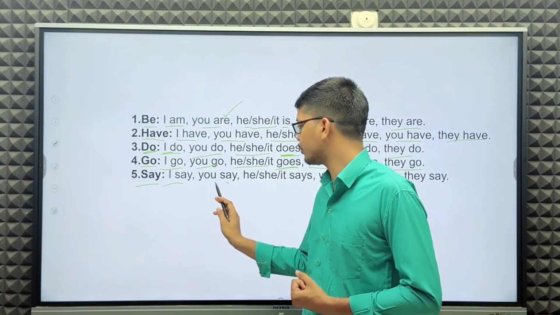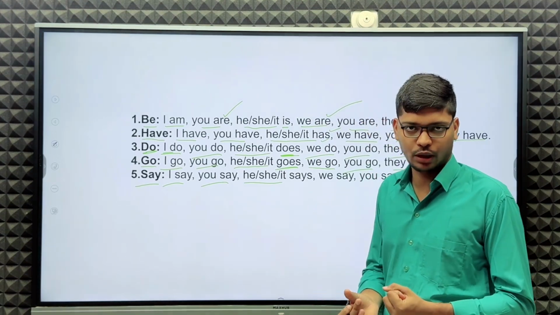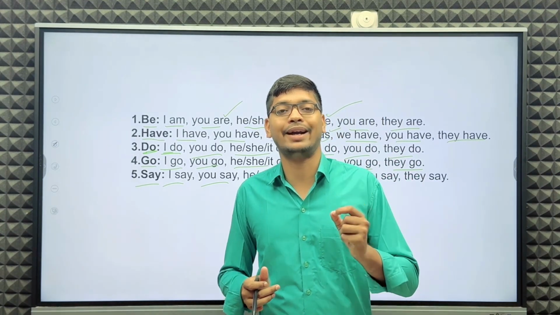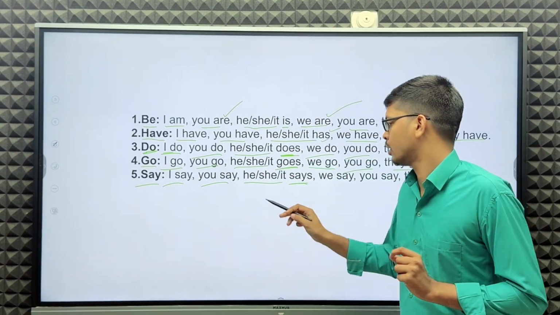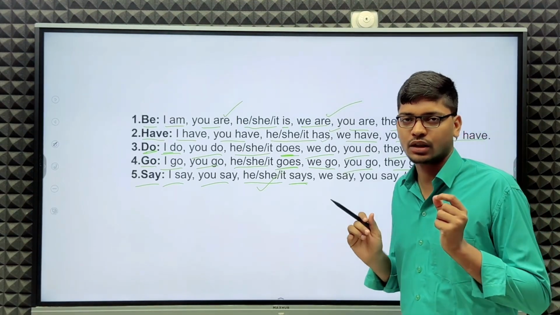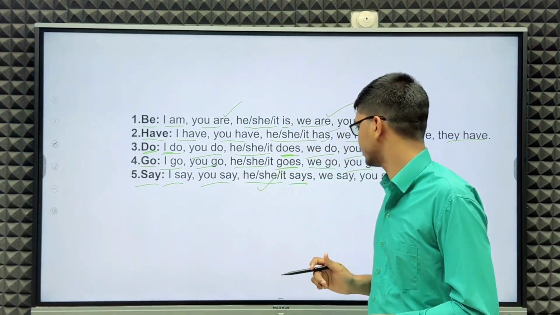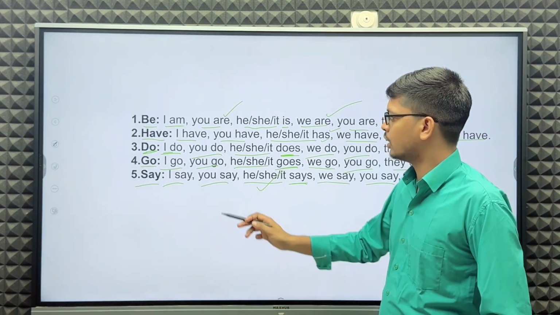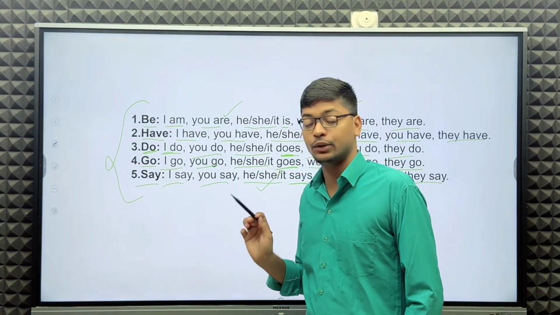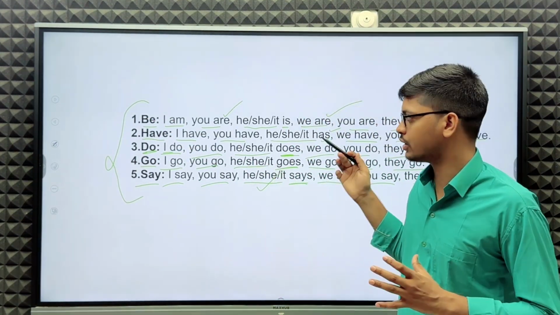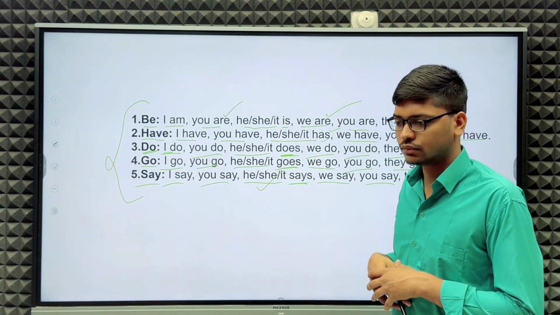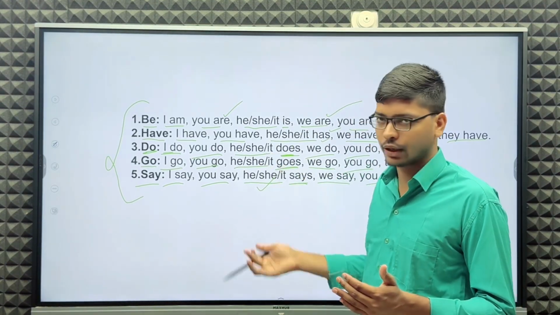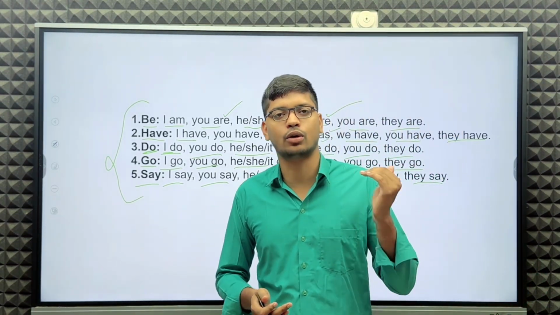I say, you say, he, she, it says. With a singular pronoun we have to add s at the end of the verb. We say, you say, they say. You must remember these irregular verbs to use in your writing or speech.